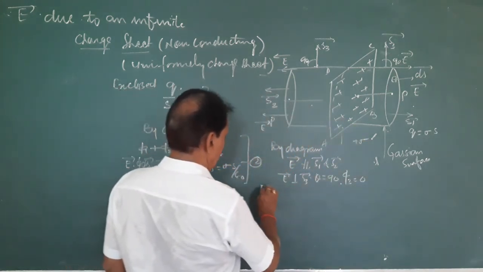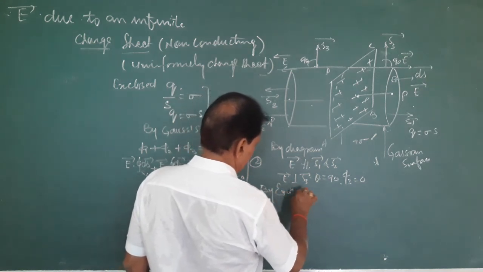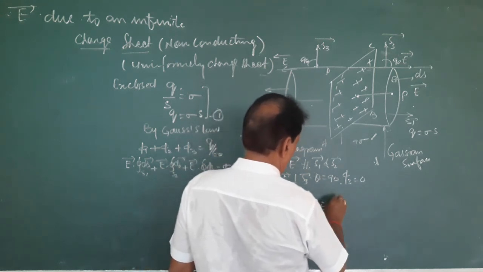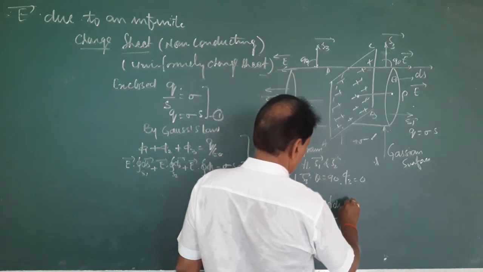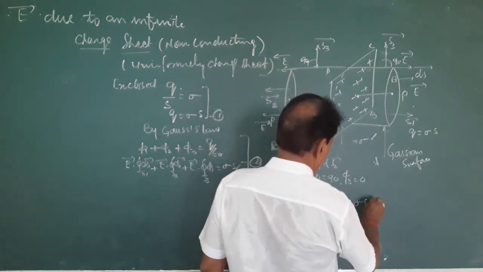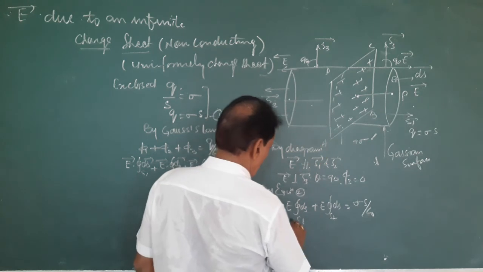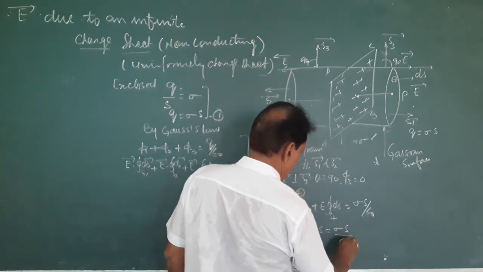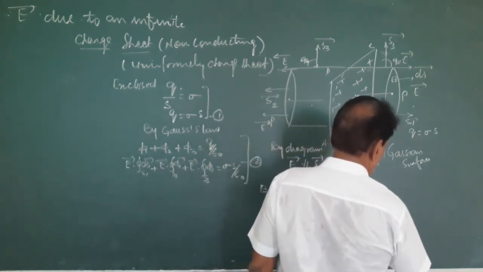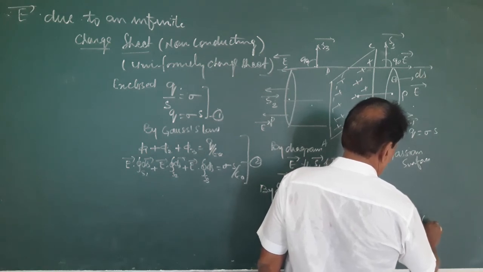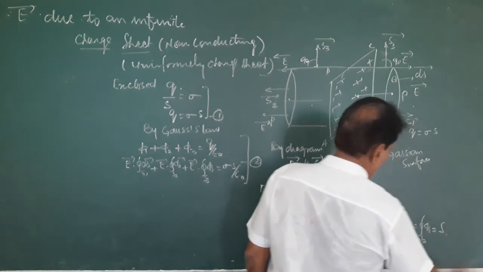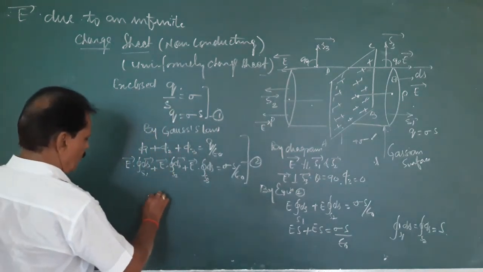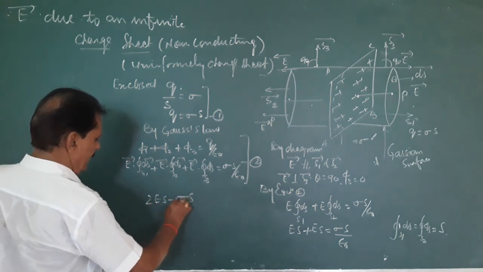Hence, by equation 2, E closed integral ds over S1 plus E closed integral ds over S2 equals sigma S by epsilon naught. Now, ES plus ES equals sigma S by epsilon naught, as the integration of S1 ds and S2 ds is always equal to S. Then 2ES equals sigma S by epsilon 0.